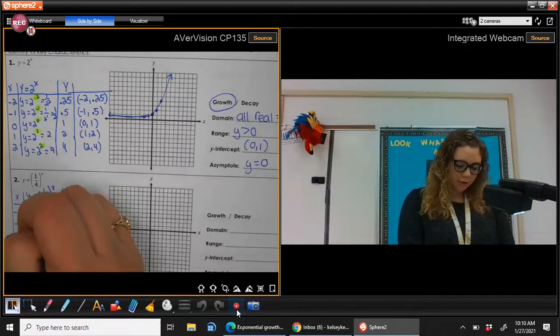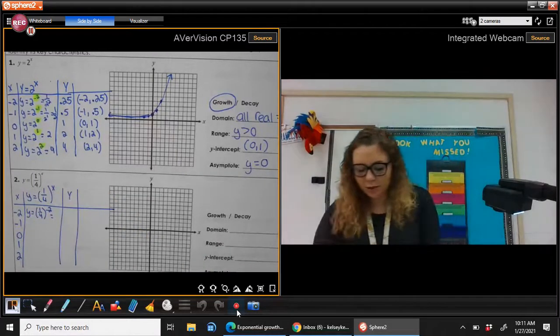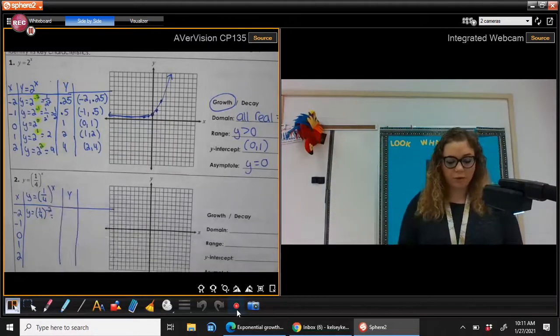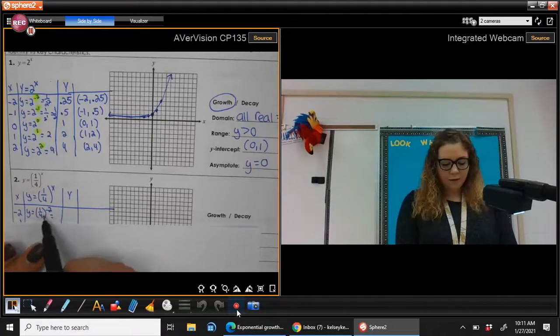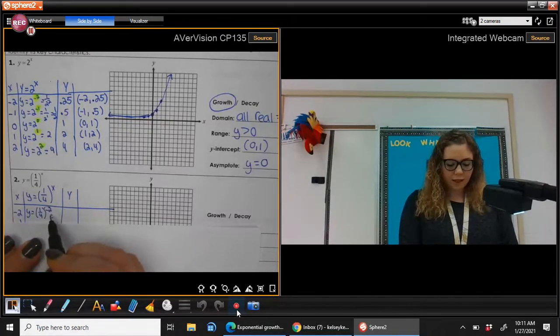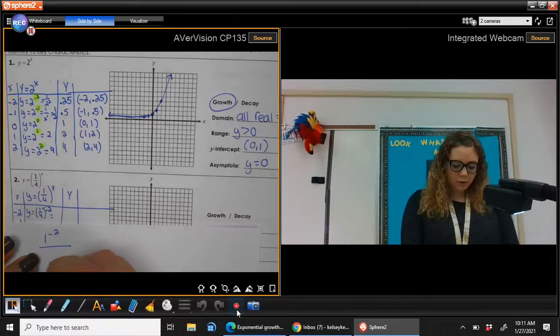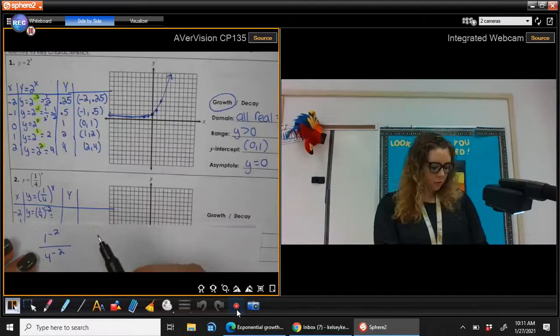So I have y equals 1/4 to the negative 2. Again, you're going to have to use your rules, and I'm going to have to use another sheet of paper. So I'm going to have to distribute this negative 2 in. So I have 1 raised to the negative 2 over 4 raised to the negative 2.